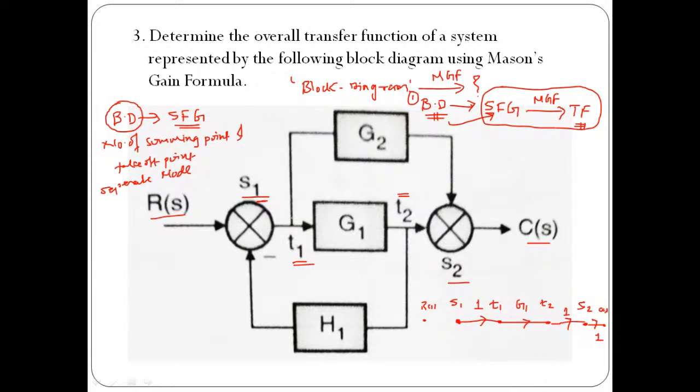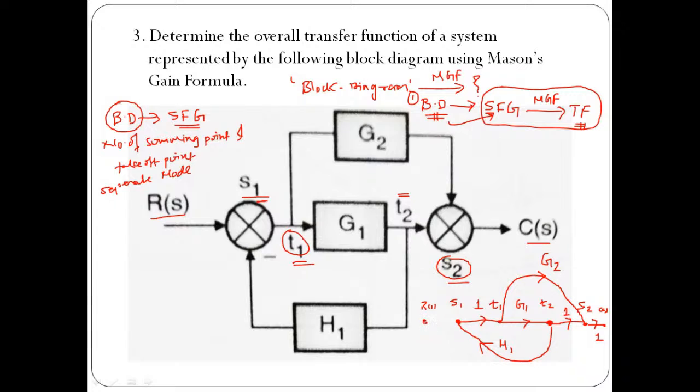And then from T1 to S2, we have a branch of gain exactly equal to G2. In the same way, from T2 to S1, we have a branch of gain exactly equal to H1.